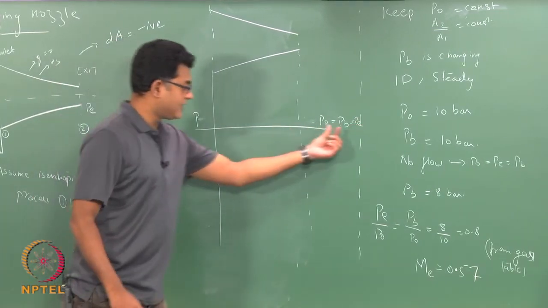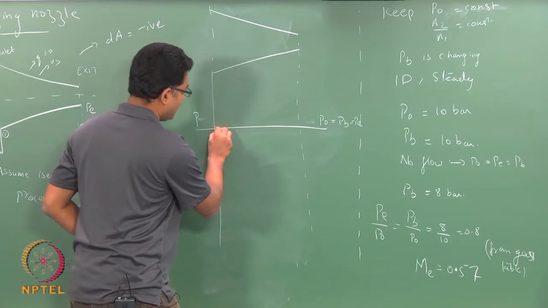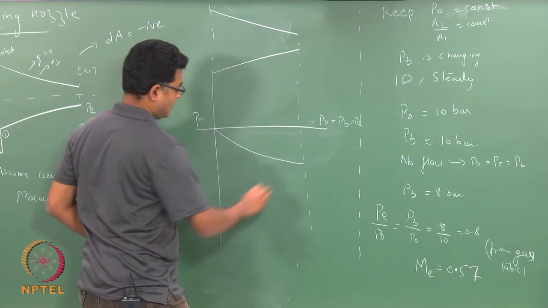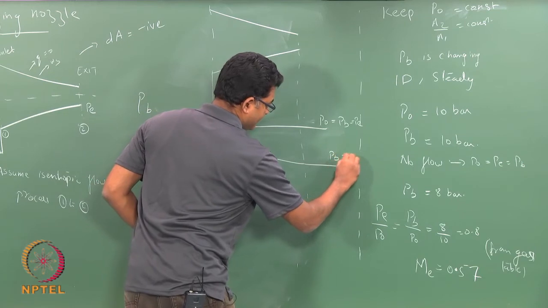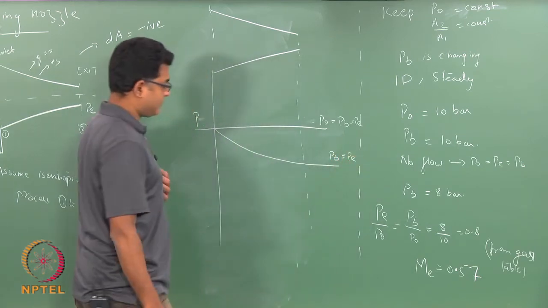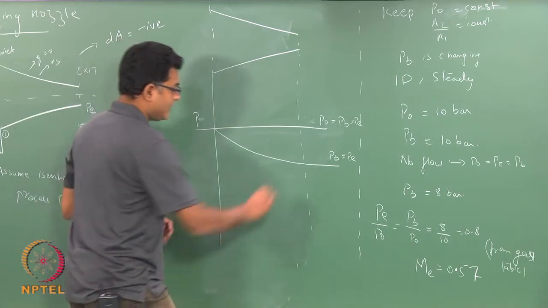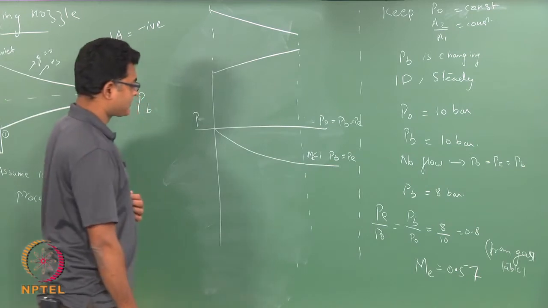Now if I decrease my back pressure a bit, by a small amount, I would get a subsonic flow in the nozzle, which will exit out. So the P exit would be the same as your PB, but the Mach number at the exit is less than 1.